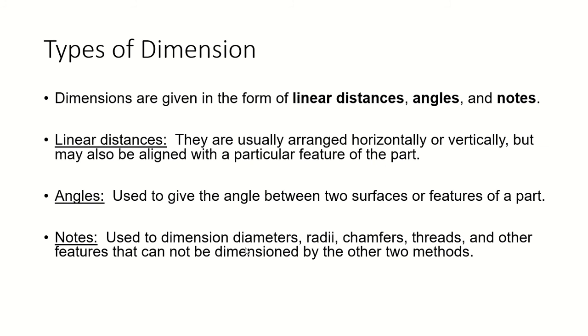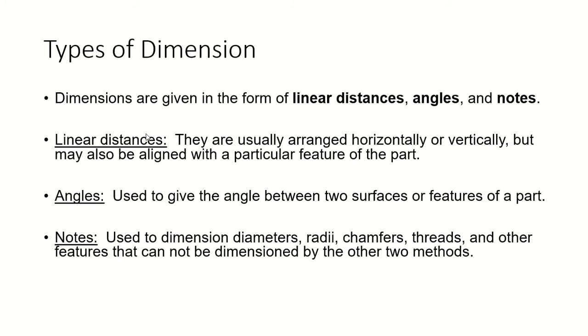And we use a note to dimension your diameters, your radii, chamfers, threads, and all the other features that need to be dimensioned but cannot be dimensioned by the other two methods.